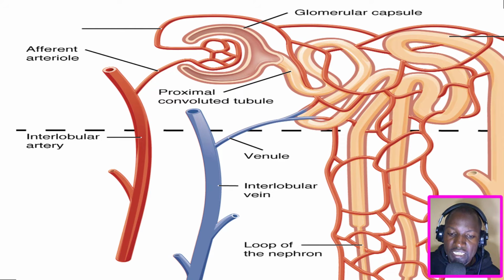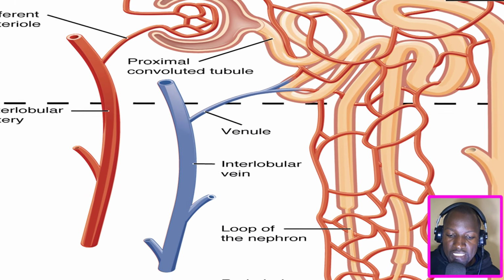The filtrate flows through the proximal convoluted tubule, where useful substances such as glucose, amino acids, some water, and mineral salts are selectively reabsorbed into the bloodstream by a process known as active transport, diffusion, or osmosis.